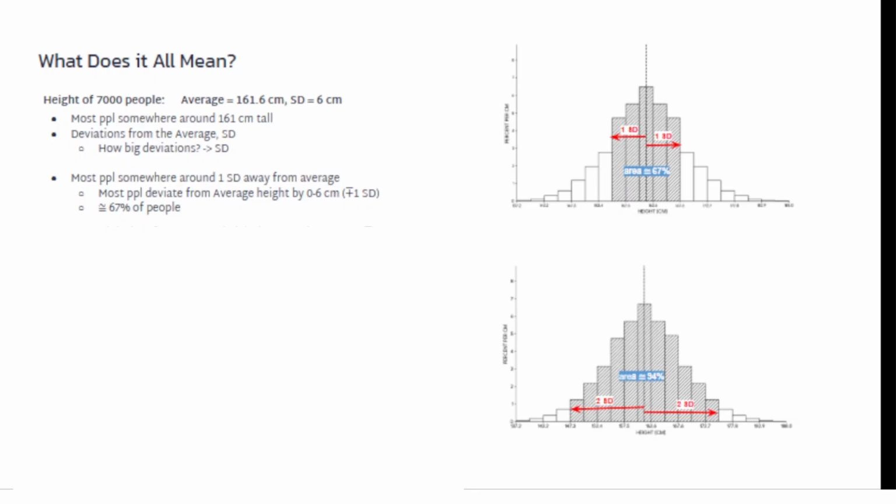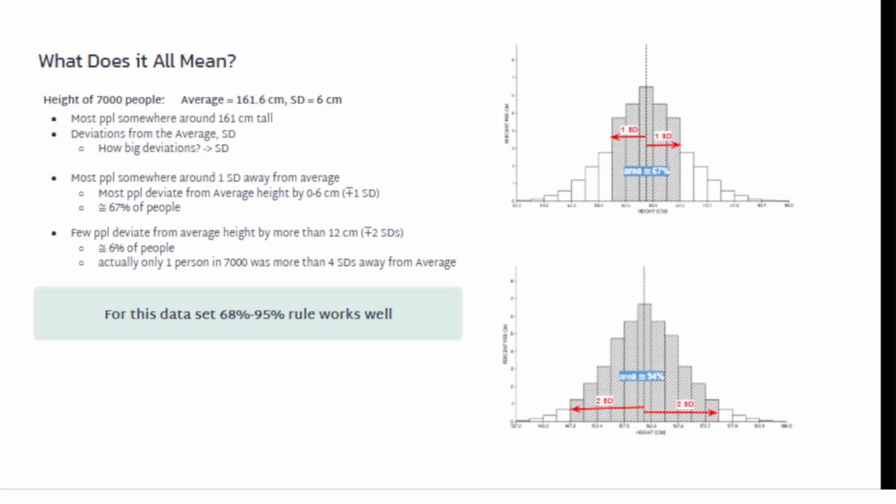So to summarize, about 67% of people differed from the average by 1 standard deviation or less, and about 94% differed from the average by 2 standard deviations or less. Actually, when you look at the data, you will find that in this example, only 1 person in 7,000 people was taller than 4 standard deviations from the average.